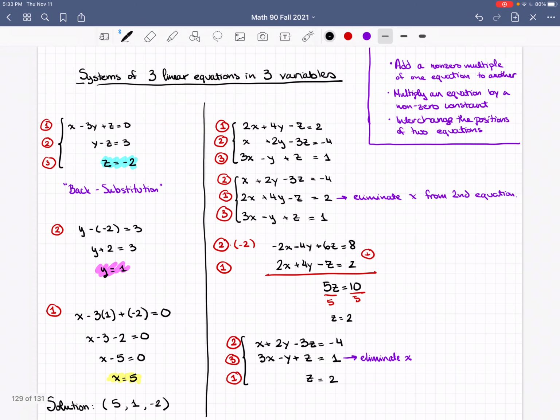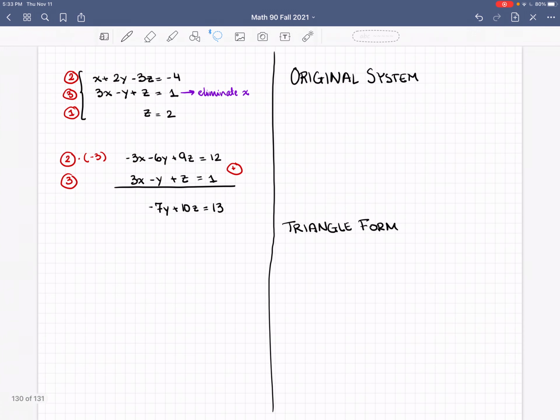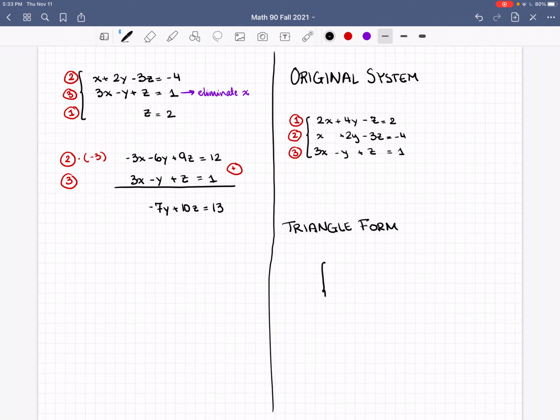For the original system, we'll copy it over from this page. So there it is, and then here is the triangle form.